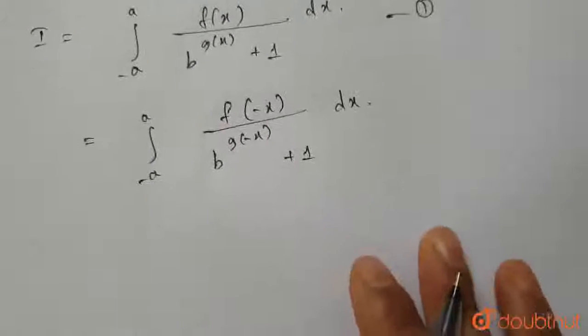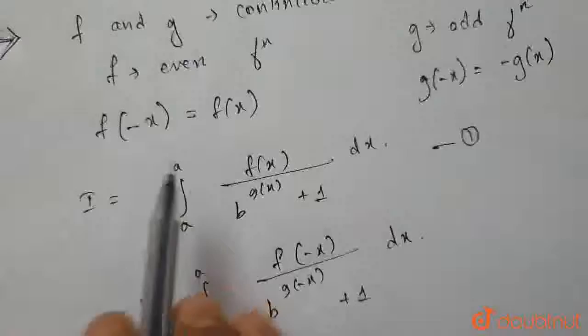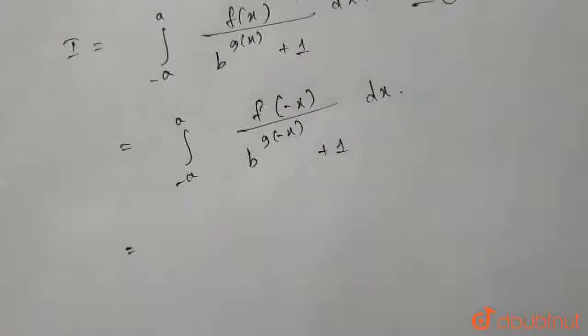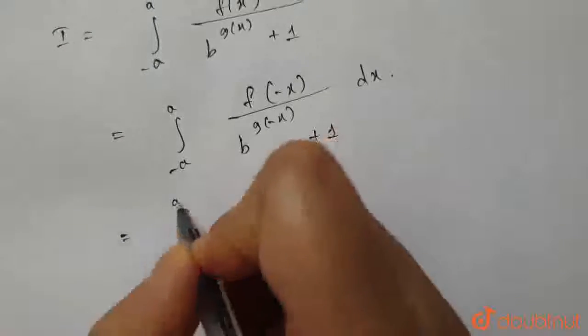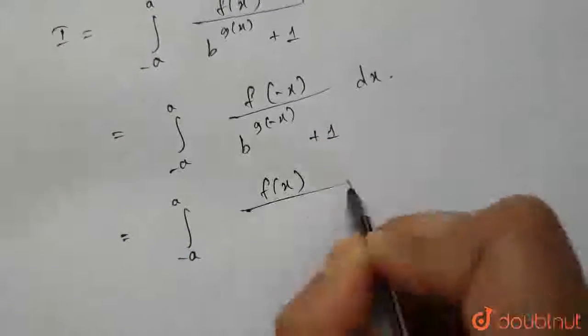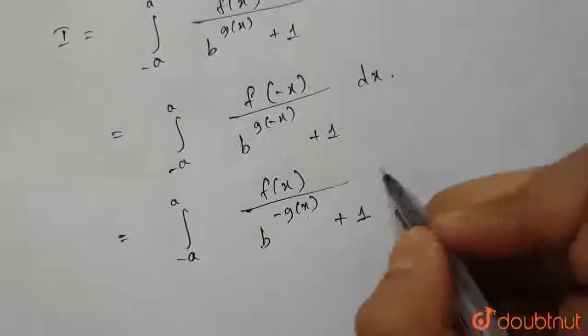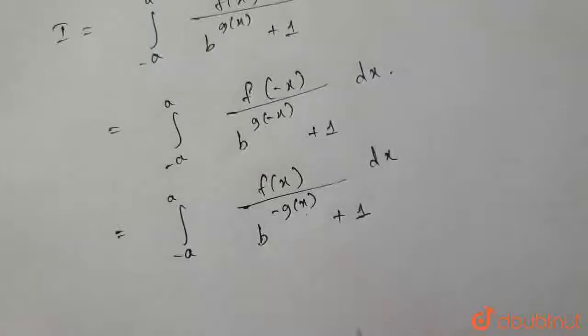Now f of minus x will be f of x, since f is an even function. So this will be the integral from minus a to a of f(x), and g of minus x will be minus g of x, because g is an odd function.